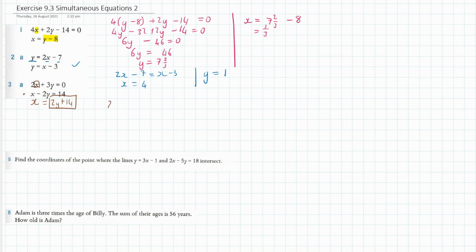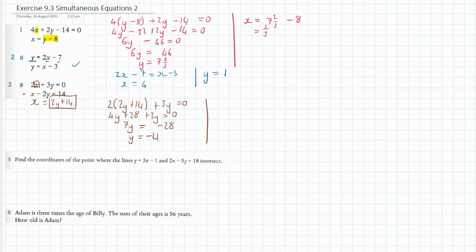So my next line will be 2 bracket 2y plus 14 plus 3y equals 0. So I'm going to have 4y plus 28 plus 3y equals 0. So I get 7y. Now I pull that 28 across to the other side to make it a minus 28. 7y equals minus 28, so y is equal to negative 28 divided by 7, which is negative 4.